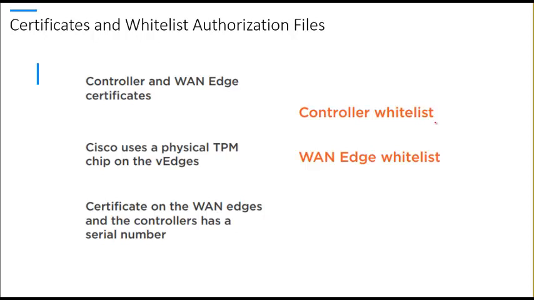So the identity of the WAN router is also done with the root certificate. The root certificate can be preloaded by the manufacturer in the TPM chip. You can also load it manually, and it is distributed automatically by vManage. These are installed during a PNP process, which we have not covered, the PNP and ZTP provisioning process.